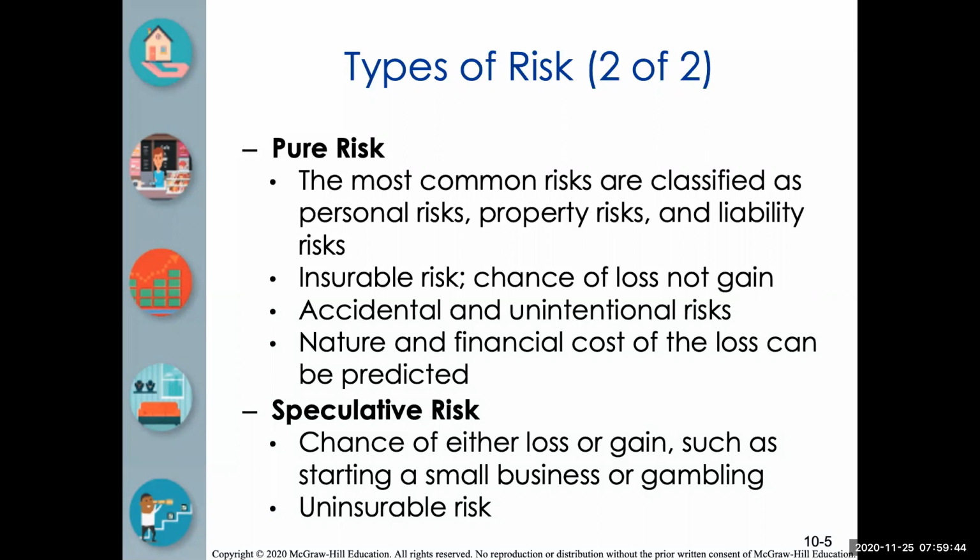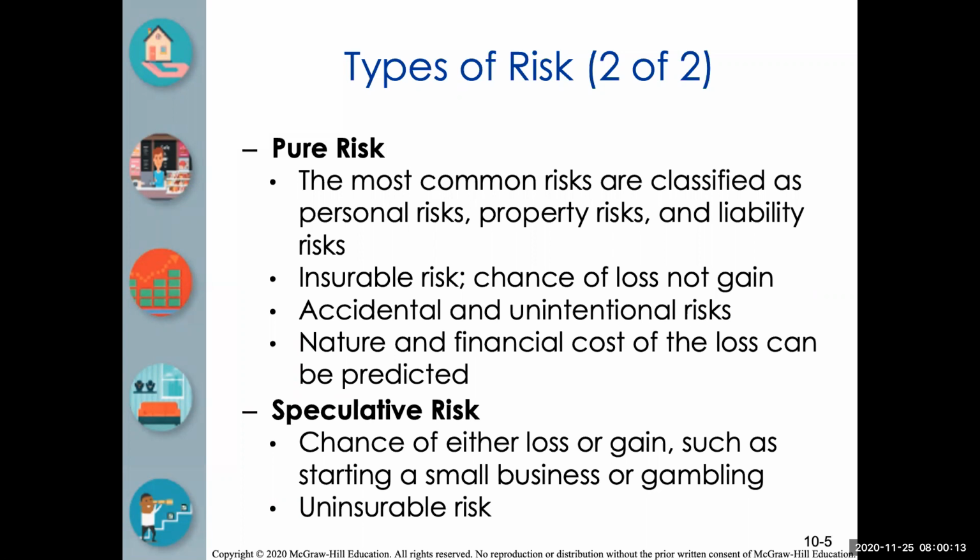And we find that with pure risk, the nature and the financial cost of the losses can be predicted. Insurance companies have decades upon decades of data for all of the risks that probably exist out there within the market, with lots of examples that they can draw from to determine with relative accuracy how frequently those same incidents are going to occur into the future.